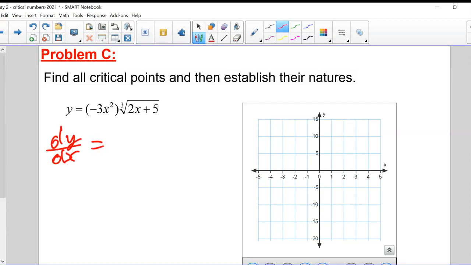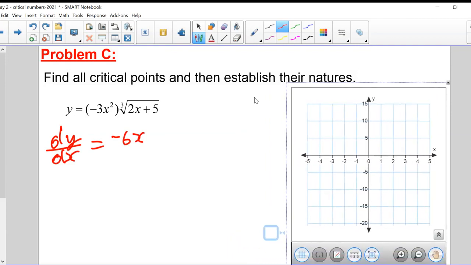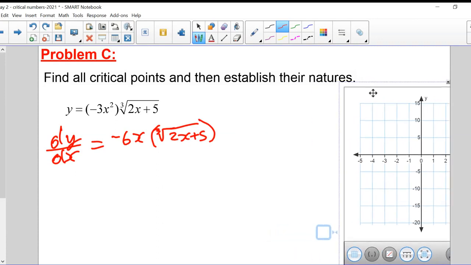So we take the derivative of the first part of this, which is the minus 6x, and multiply it by the cube root of 2x plus 5. I need some space, so let me move this out of the way a little bit more.